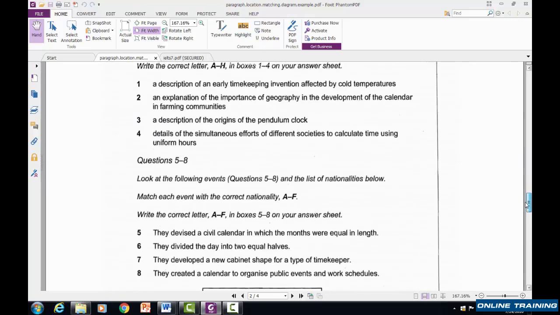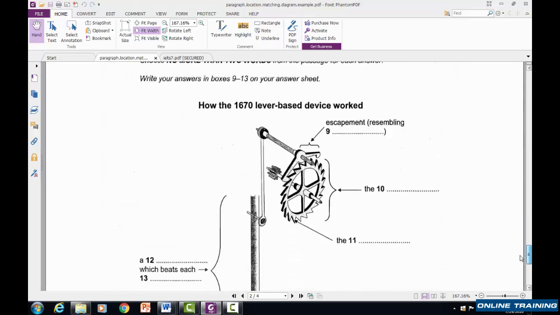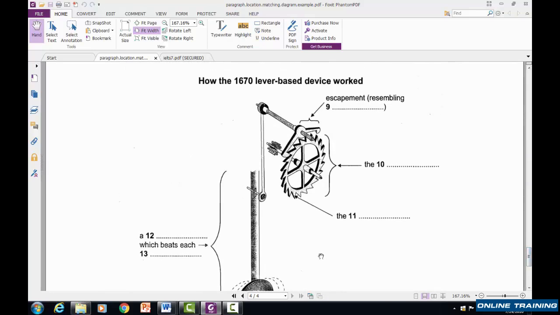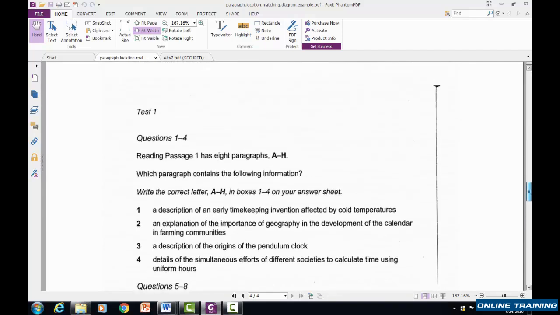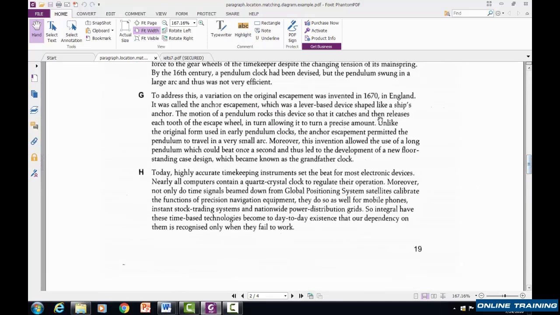And then afterwards, we would go down and do the diagram question. And we know this information is in this paragraph that says it has 1670. But when we look at this paragraph that has 1670, there's nothing in here about geography or farming. I'm looking at paragraph G now.